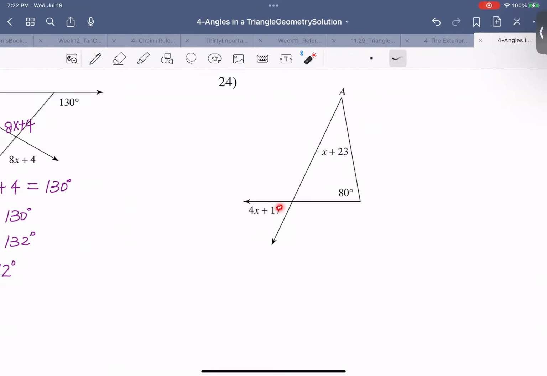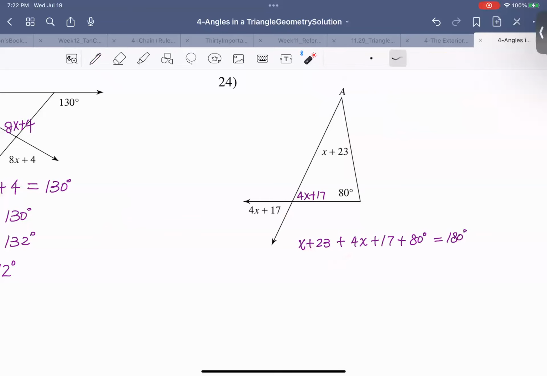Next one, do this one. The vertical angle is 4x plus 17. And it becomes 8x plus 23 plus 4x plus 17 plus 80 plus 80 equals 180, right? Good.